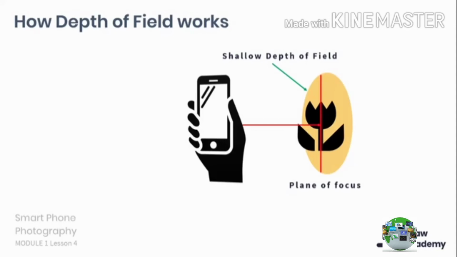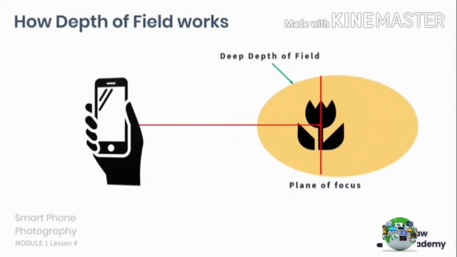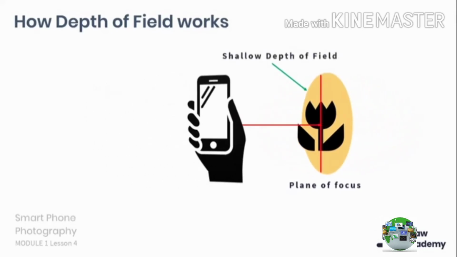It still extends from about 1/3 in front of the subject to about 2/3 behind the subject, but as you can see, it is much, much shallower compared to the previous image. If I go back, we can see that when I'm further away from my subject, we have a much more extended, deep depth of field. But if I get in closer, that depth of field becomes much more shallow.